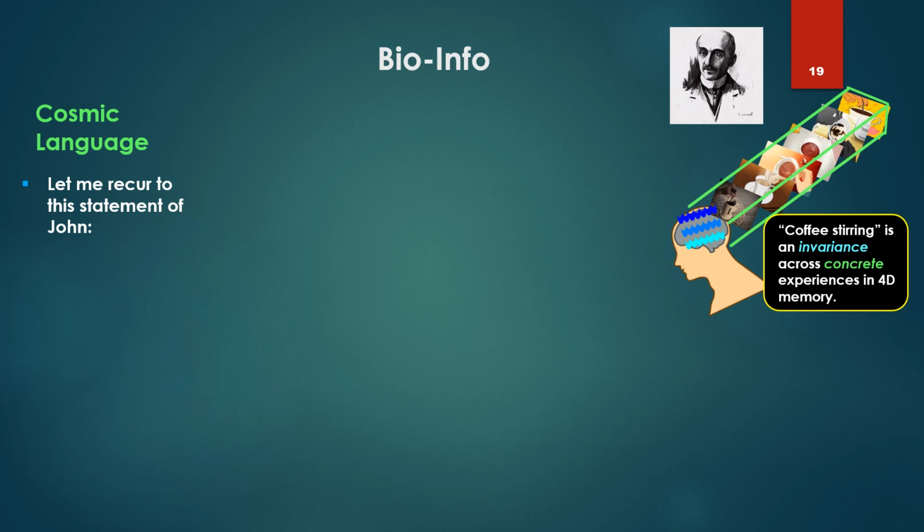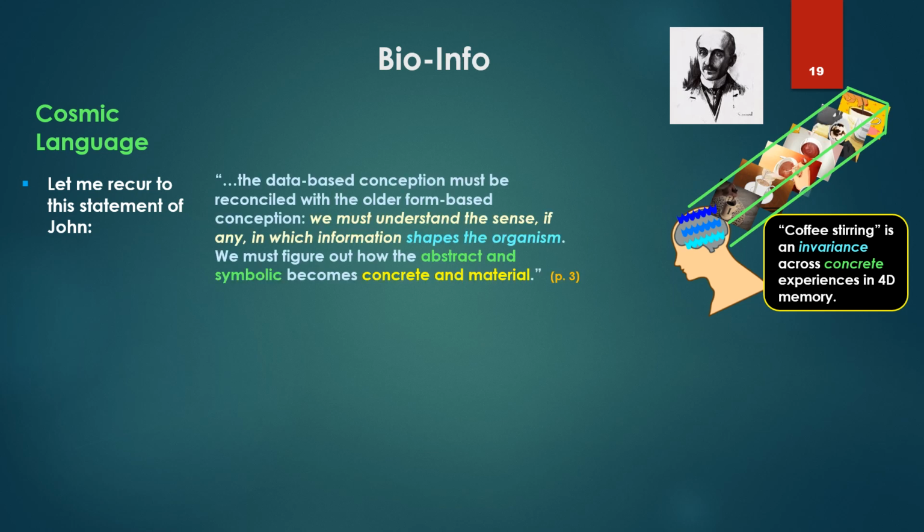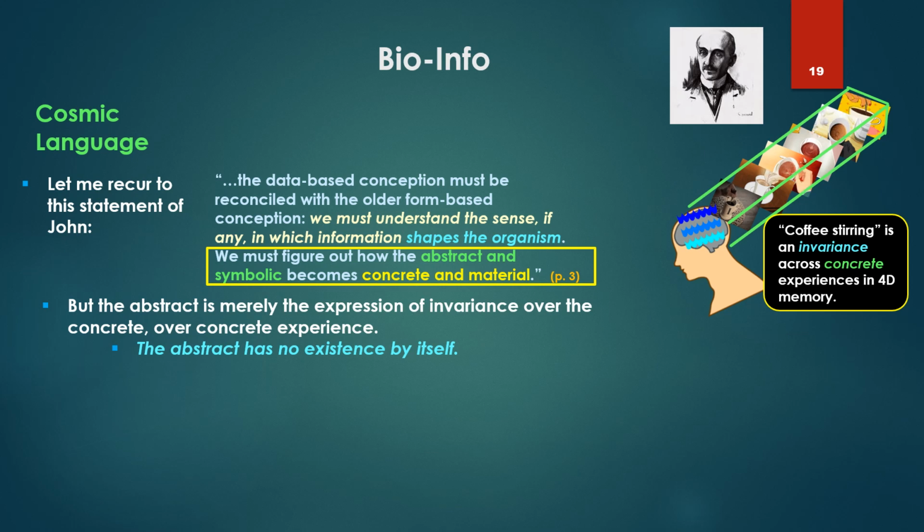Let me recur to the statement of John. The data-based conception must be reconciled with the older form-based conception. We must understand the sense in which information shapes the organism. We must figure out how the abstract and symbolic becomes concrete and material. But this abstract is merely the expression of invariance over the concrete, over concrete experience.